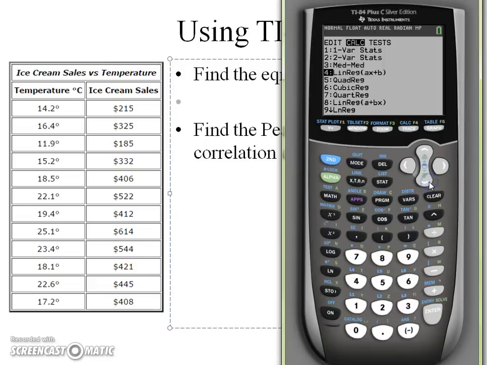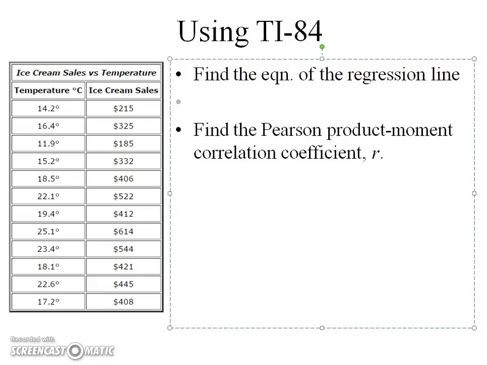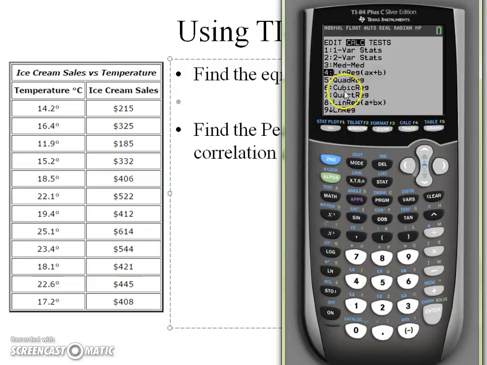Right now, I'm not interested in that. I'm interested in the equation of the regression line, which is your number 4, LinReg, ax plus b. Once you choose number 4, it's going to give you an equation, and that is the equation of my regression line. So go to number 4.